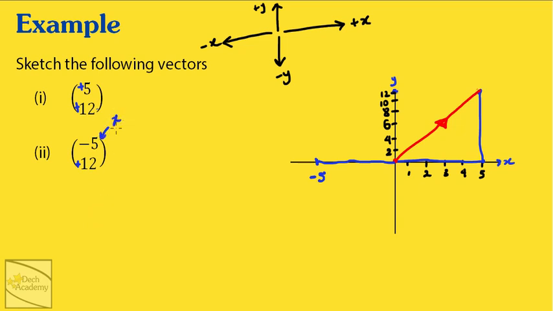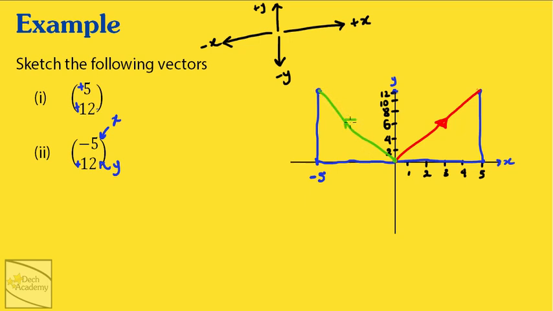X component, so you move in the x direction. Y component, so you move in the y direction. So positive y direction, 12 units takes us to this point here. Well, to this level. So the vector is, let's use a different color, represented by the line produced when you start at the origin and you draw a line to meet the endpoint.